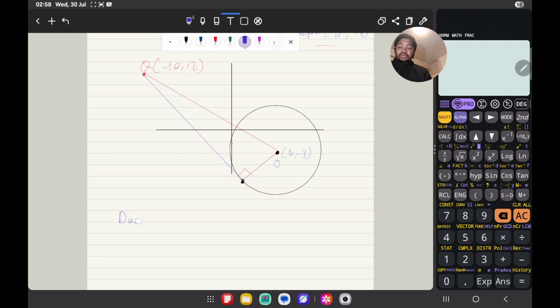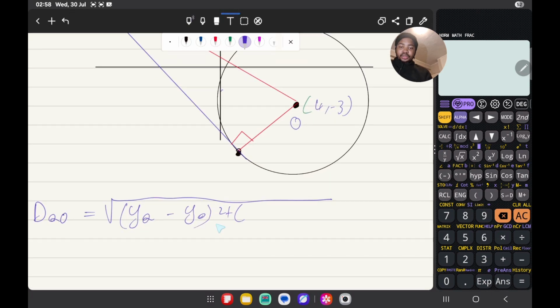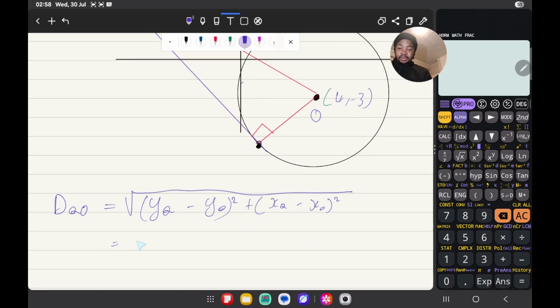Distance for QO is going to be YQ minus YO squared plus XQ minus XO squared.